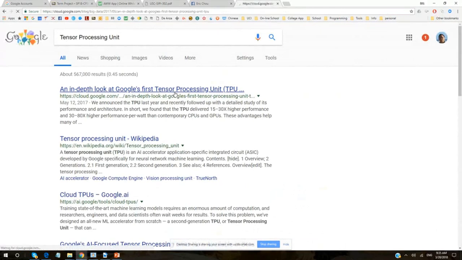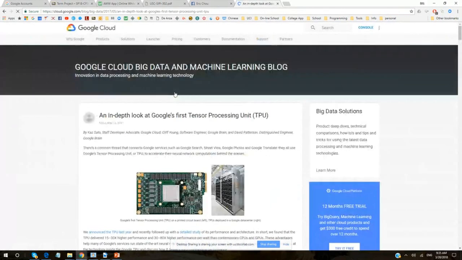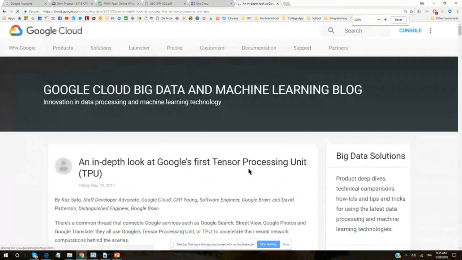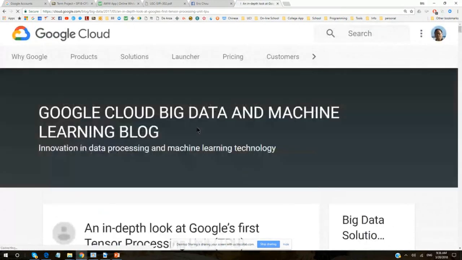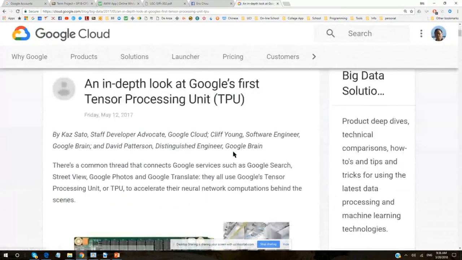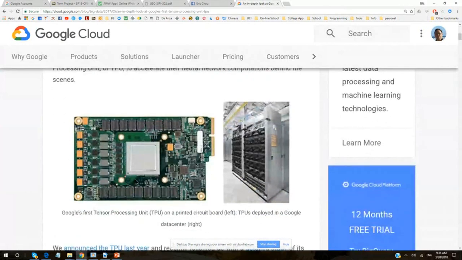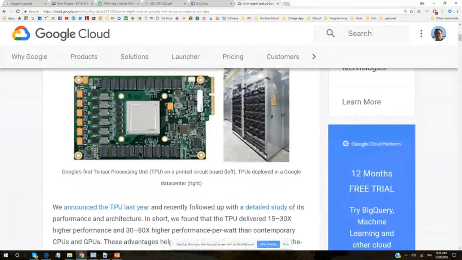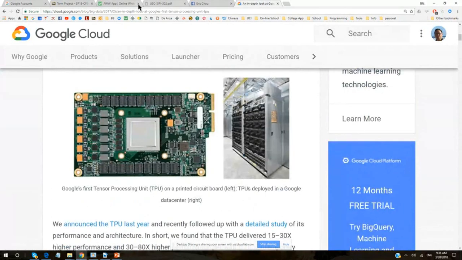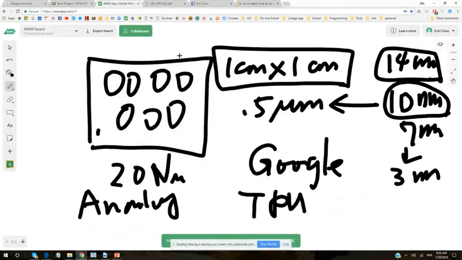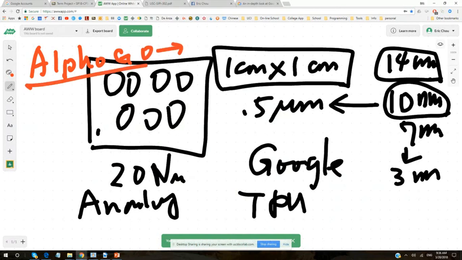Here is the tensor processing unit. That's for AI, big data computation for learning. A single board can replace a whole cabinet of computers. And this one was used in the AlphaGo project to beat the human Go players.